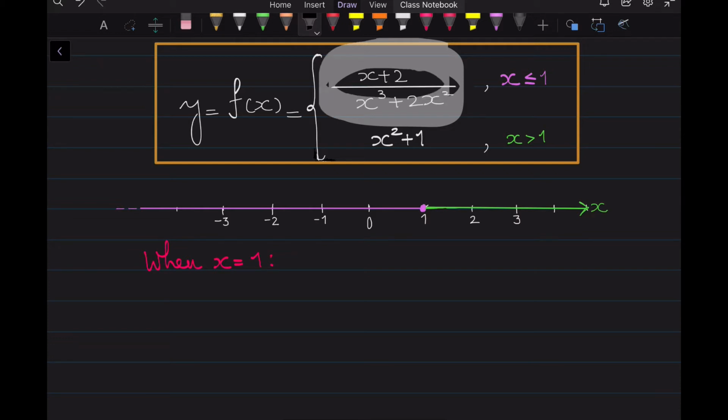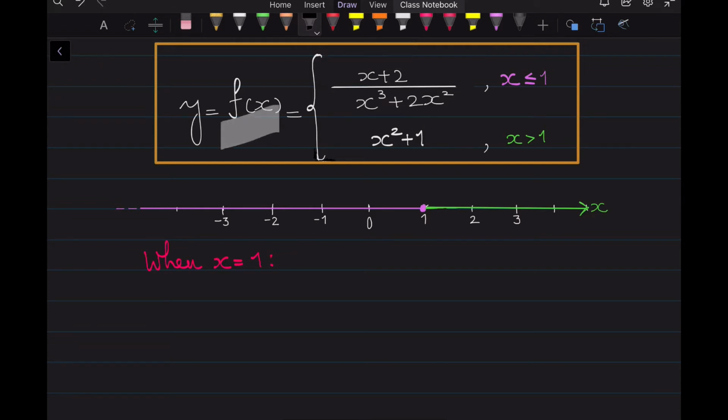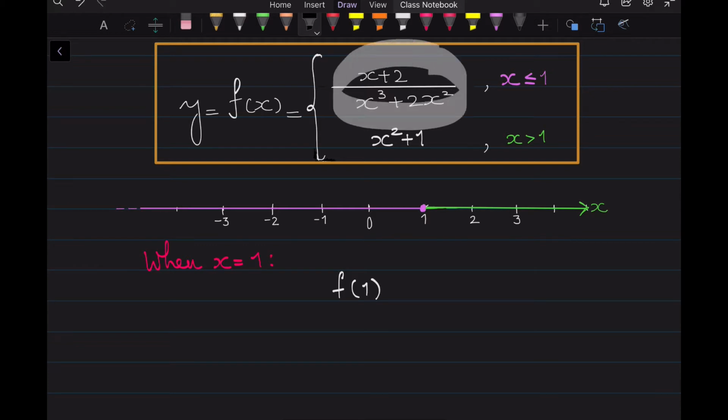And this rational expression being a part of this function implies that this function is also defined at x is equal to 1. So the value of this function at x is equal to 1, that is f of 1, can be obtained by substituting x is equal to 1 in this expression.